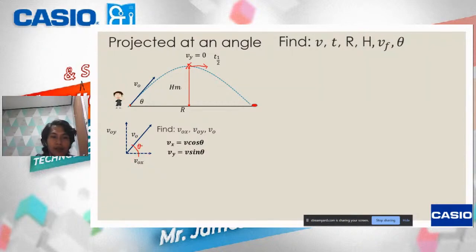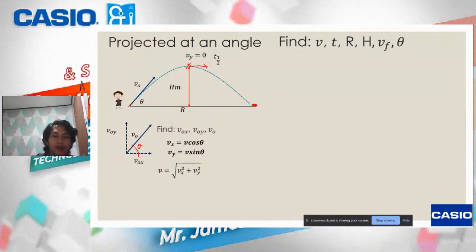Ito naman yung adjacent. So, since ang adjacent natin is x and adjacent is cosine, that's the reason why we use Vx is equals to v cosine theta. Now, hindi ko nilagay na yung v naught dito kasi along this every point, ito din yung ating gagamitin equation. On the other hand, sa sine theta natin, sine is opposite. So, the opposite here is this one, which is here. So, dapat parehas lang sila. Okay? Sine theta. Yan.